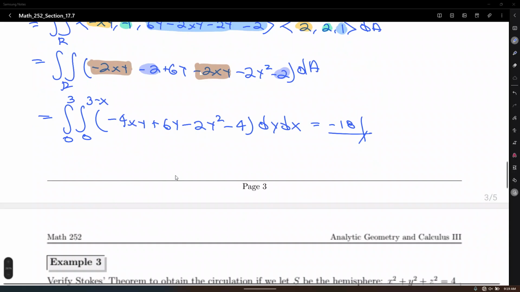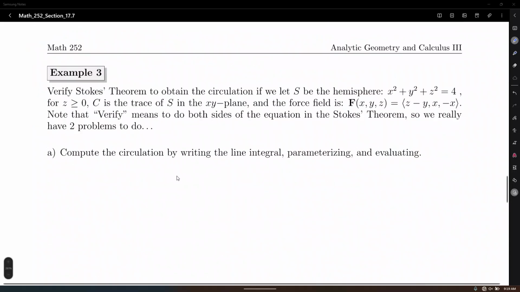Alright, for this second and last part of Stokes' theorem, we are going to evaluate a line integral. But in this case, what we're going to do is verify Stokes' theorem to obtain the circulation over the hemisphere x squared plus y squared plus z squared equals 4 for z greater than or equal to 0.